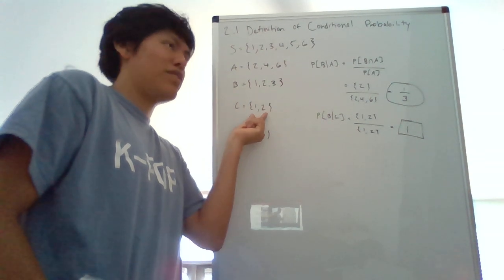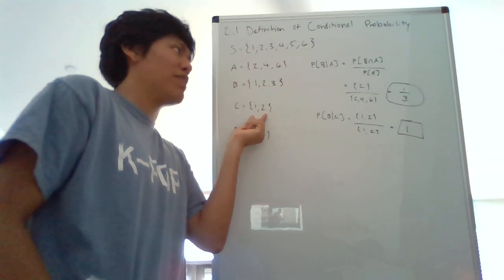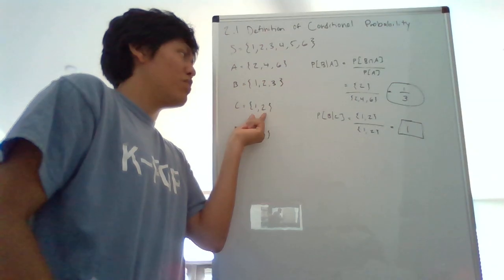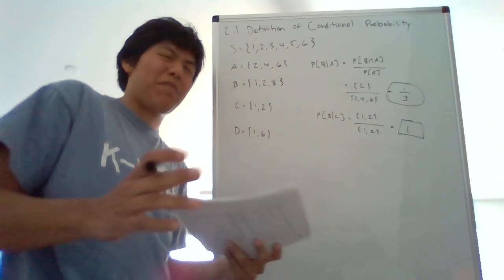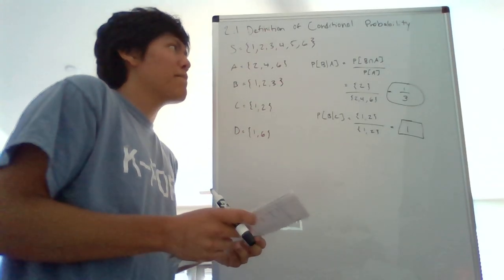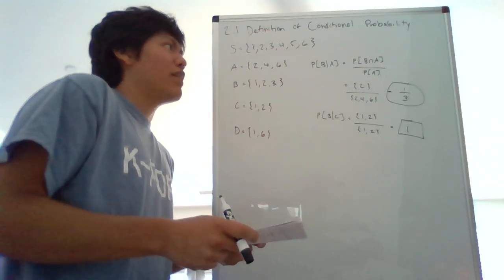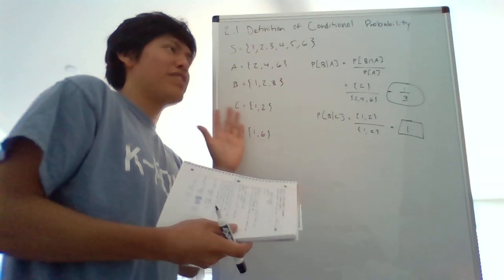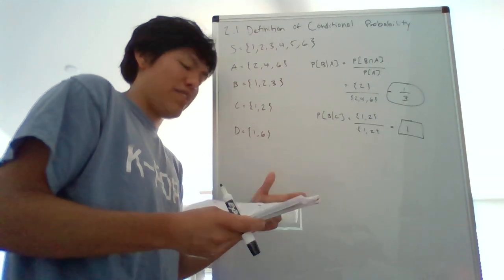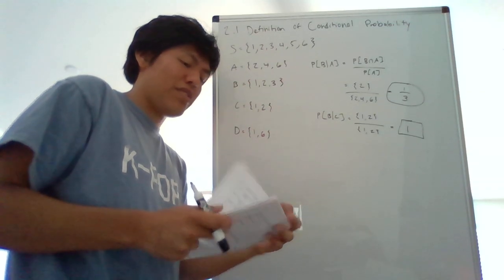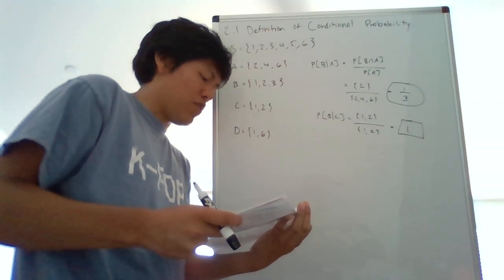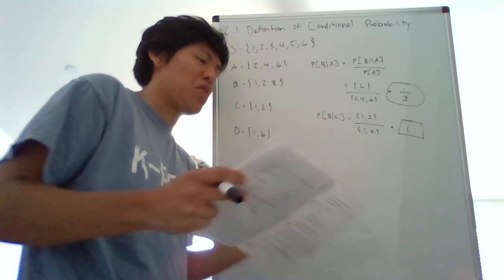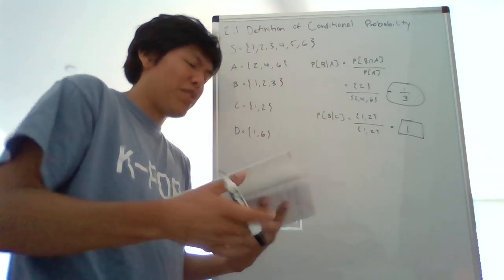Well, it's a 100% probability because 1 and 2 are in both C and in B, if that made sense. And hopefully what I just said is better explained in the next example where we use some urns.